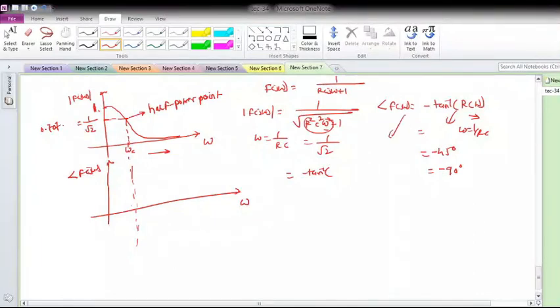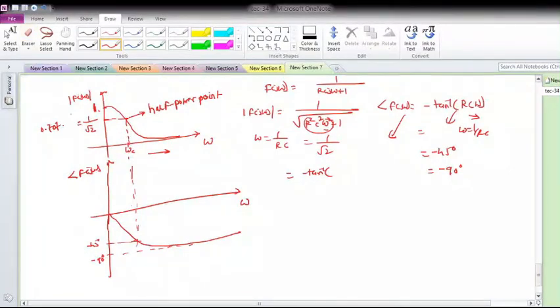So what I can predict is that the phase response starts from 0, at the cutoff frequency the angle is minus 45 degrees, and as omega increases it reaches minus 90 degrees. So let me draw it like this. This is minus 45 degrees, and as it varies it reaches minus 90 degrees.